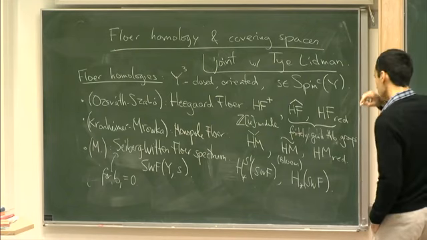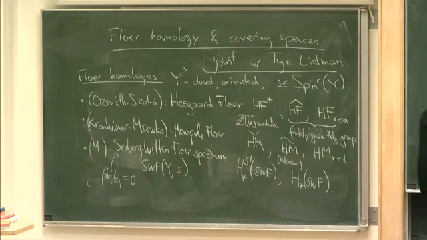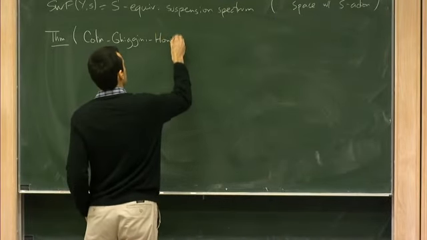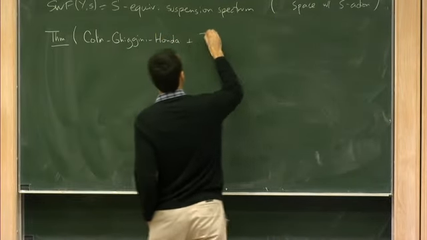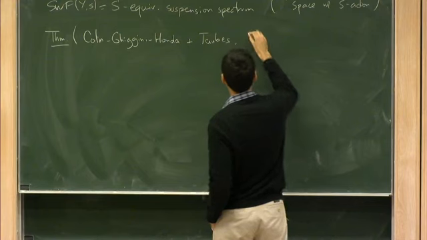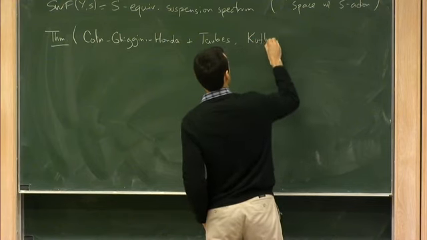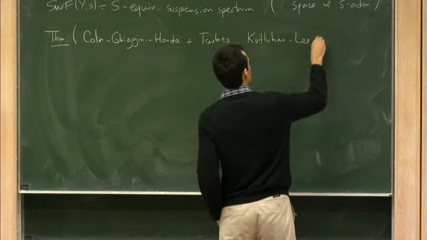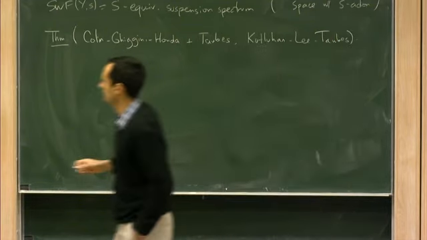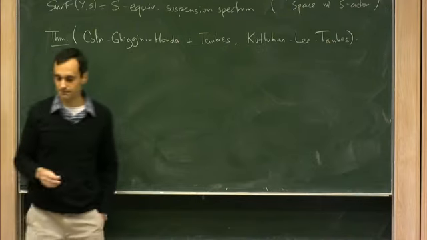Colin, Ghiggini, Honda, combining their work plus work of Taubes, you get the following theorem, which was also proved by Kutluhan, Lee, and Taubes. This is the equivalence between the first two.